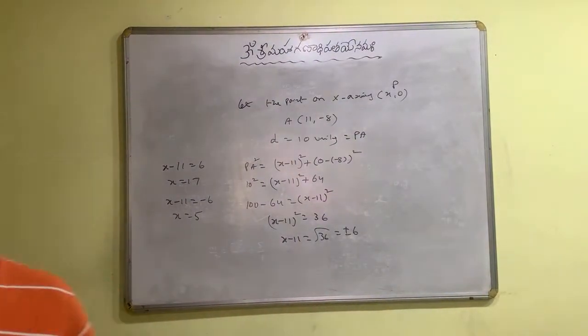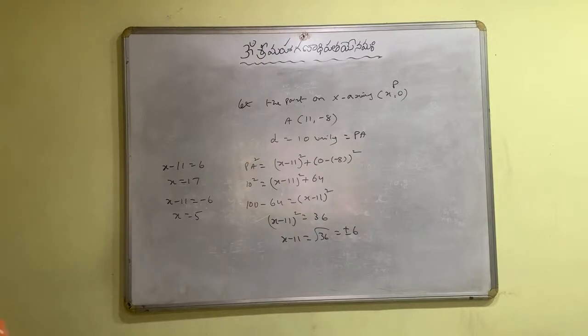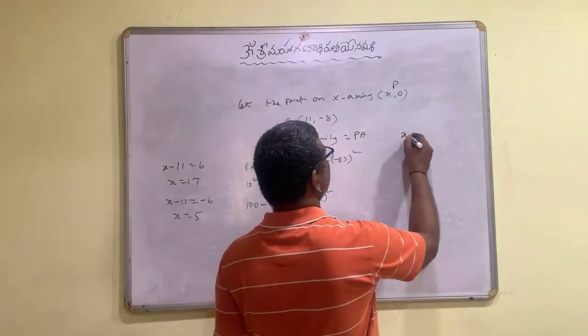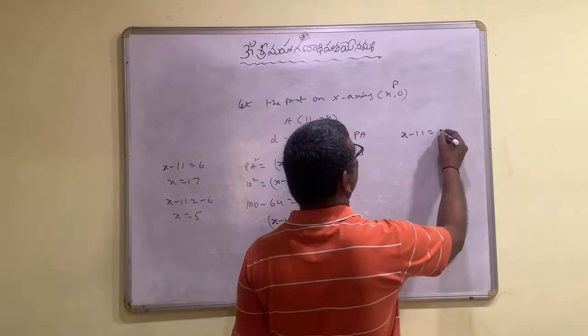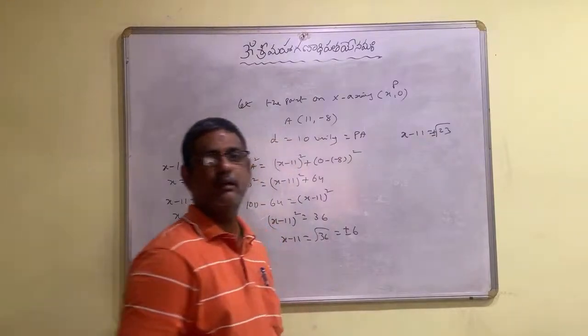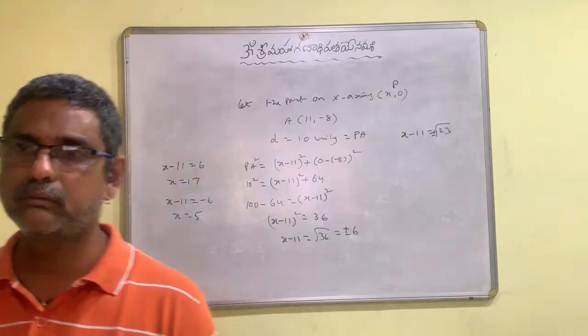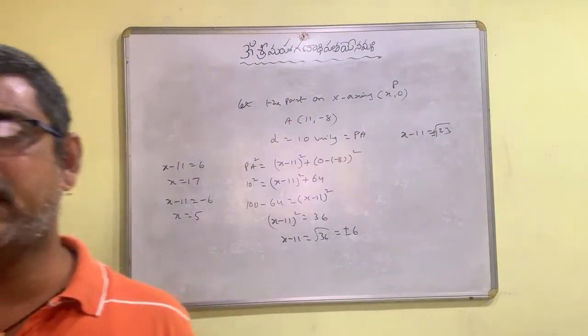Okay? Even before the root we need not write plus or minus, only for the answer. See, if you got, for example, x minus 11 equal to root over 23, you can put plus or minus, because 23 is not a perfect square.